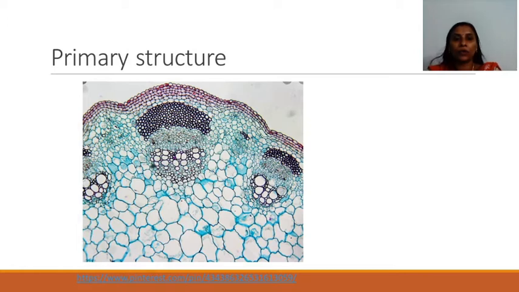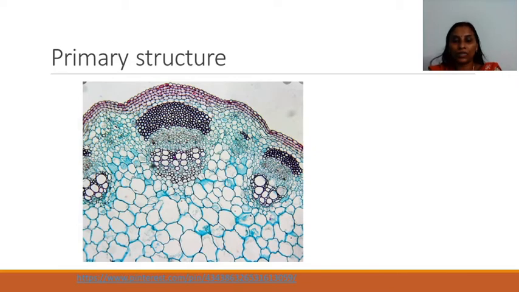This type of homogeneous pericycle can be seen in Coccinia stem. In Helianthus and many other dicot stems, we can see heterogeneous pericycle. Heterogeneous means it is made up of more than one type of cells. Here it is made up of sclerenchyma and parenchyma.